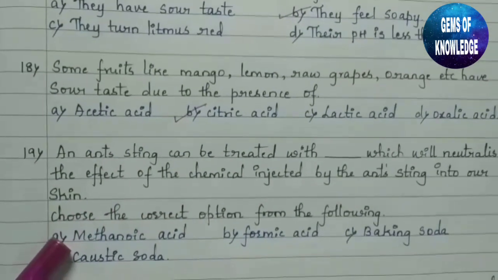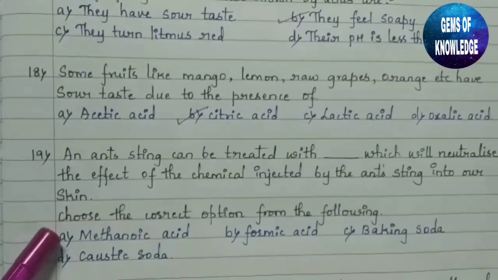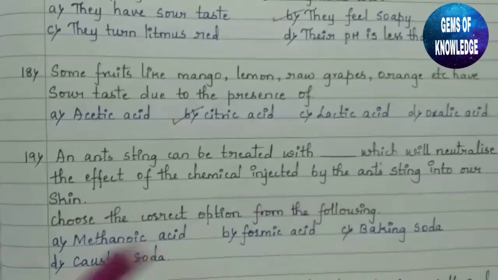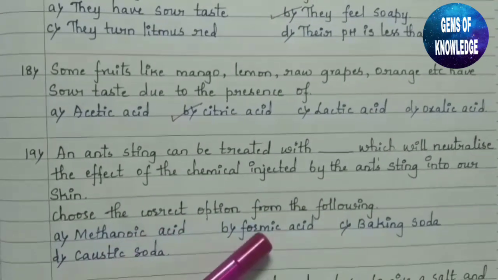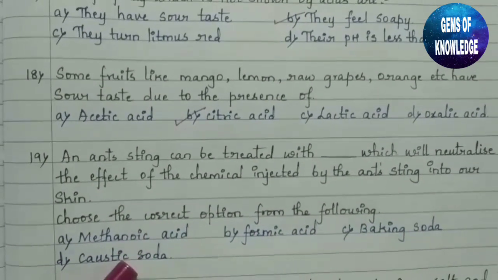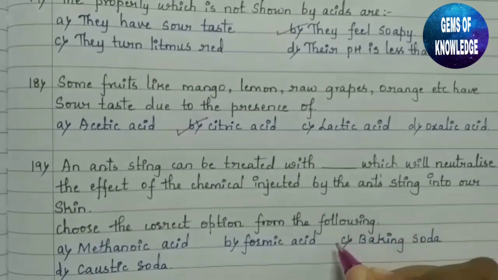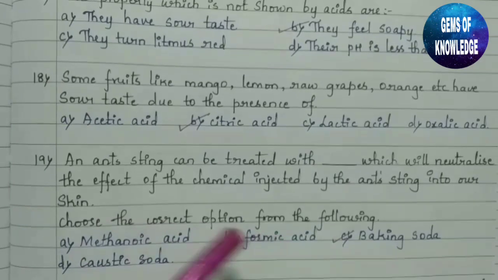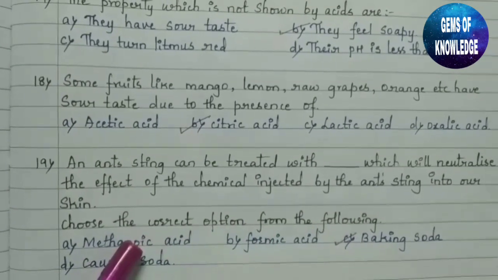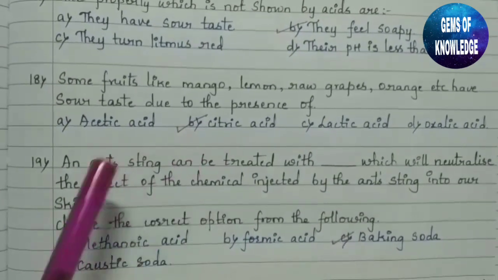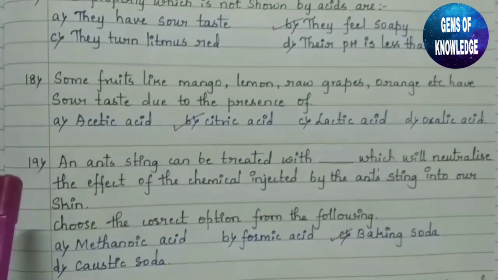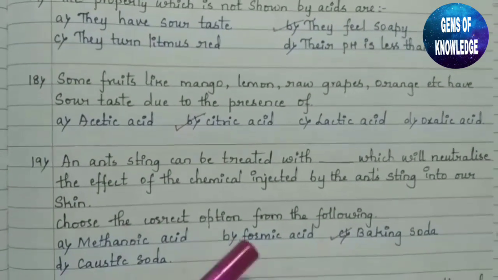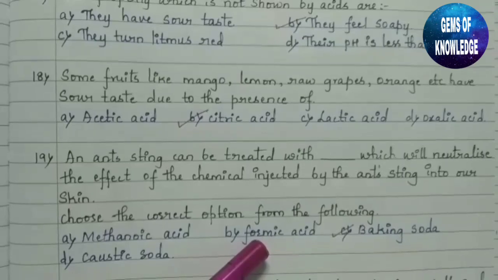So the options here are, choose the correct option from the following: methanoic acid, formic acid, baking soda or caustic soda. So the correct answer here is baking soda, because these two are nothing but acids. The ant sting will already be acidic, and we cannot inject more acid to neutralize that.